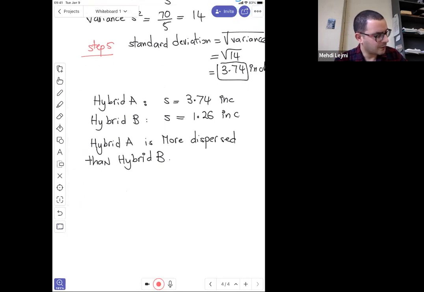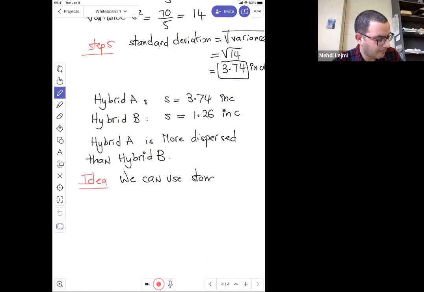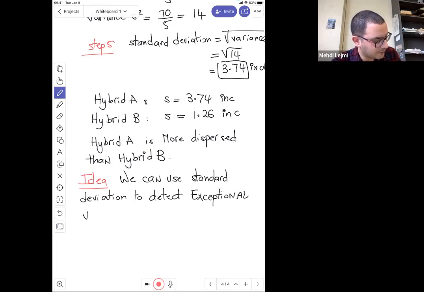So the idea here is that we can use the standard deviation to detect exceptional values or outliers.